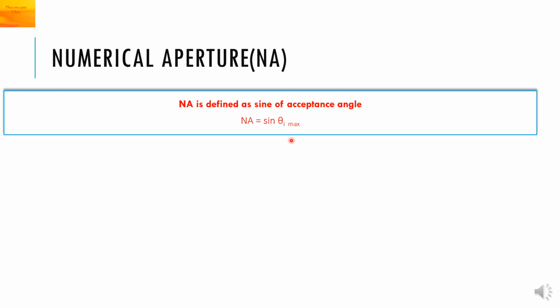It is the maximum angle that a light ray can have relative to the axis of the fiber and can propagate down the fiber. So if the light is launched into the fiber at this particular angle theta I max, it will be easily propagated through the fiber.